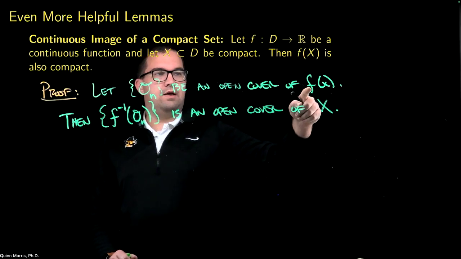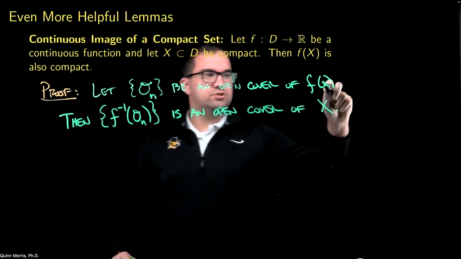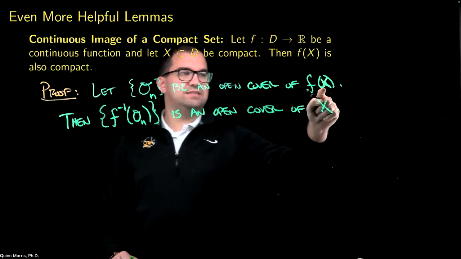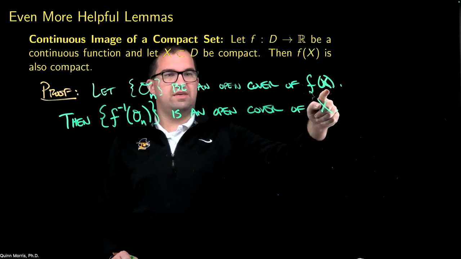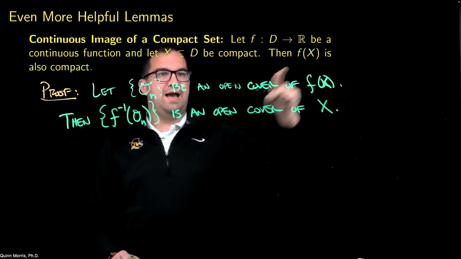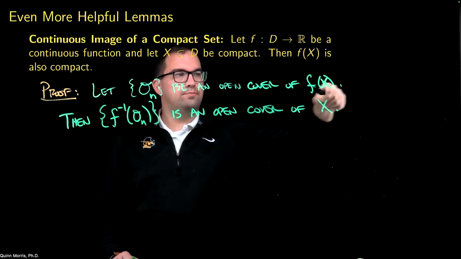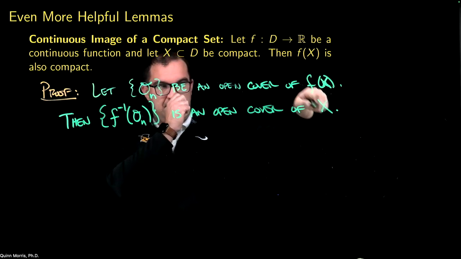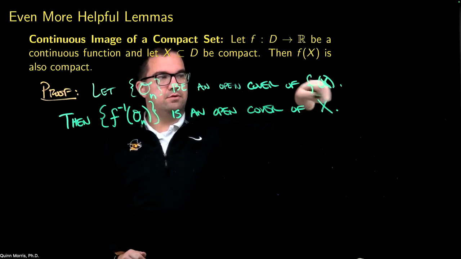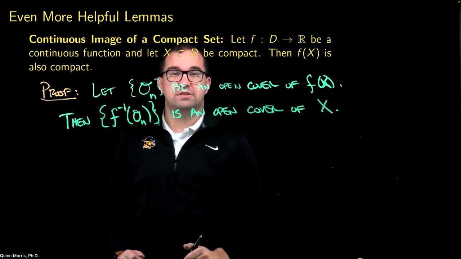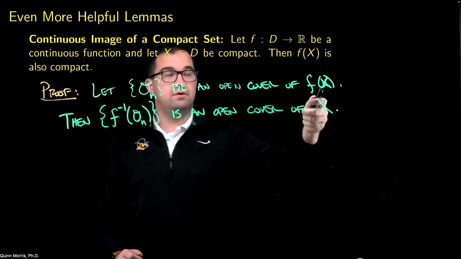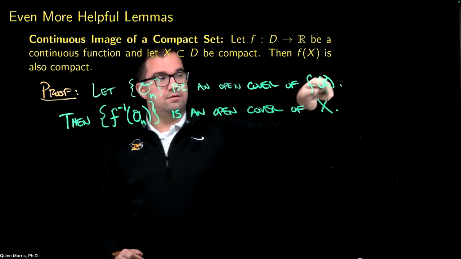Well, sorry, this should be f of capital X. This is the image of all the things that are hit when X is mapped over into R. So every value of x gets mapped to f of x. Essentially here you're using the fact that the function from X to f of X is surjective.